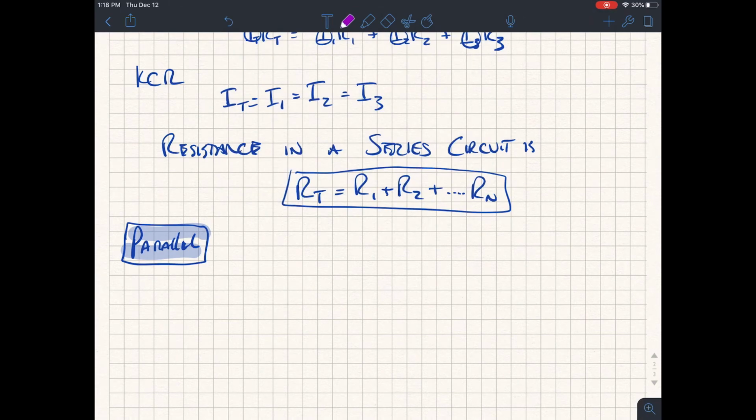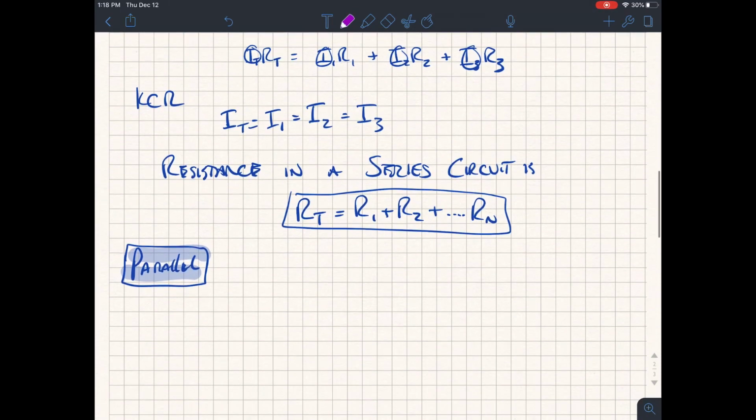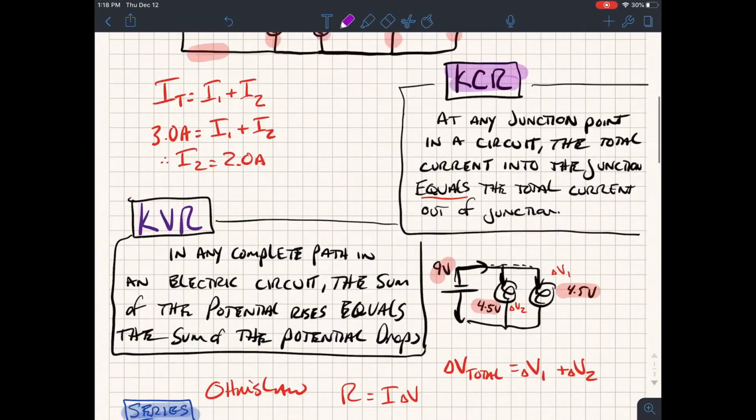Okay, so let's take a look at our two rules. Let's use KCR for parallel circuits. It says the total current going into a junction equals the total current going out. So the current total is equal to the sum of all the currents, and in a parallel circuit there are different junctions.